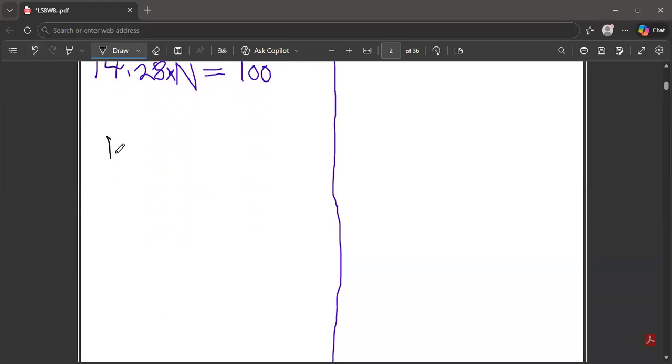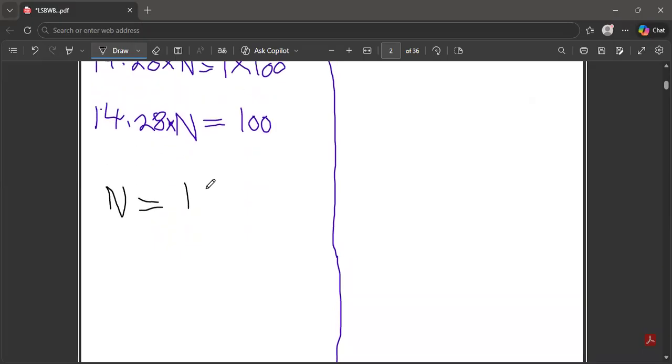So you're going to be getting n is equal to 100 over 14.28. So what have we learned?